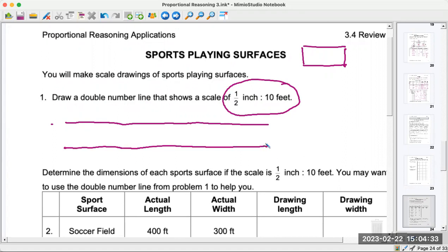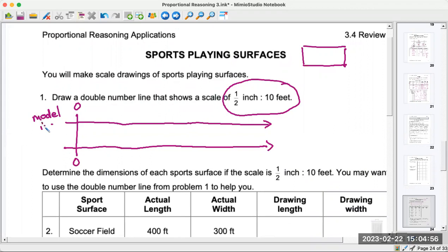So here's 0, 0. No length, no width. The top is going to be our model or scale drawing, and we're going to make it in inches. What does it say? Oh, that's inches to feet.